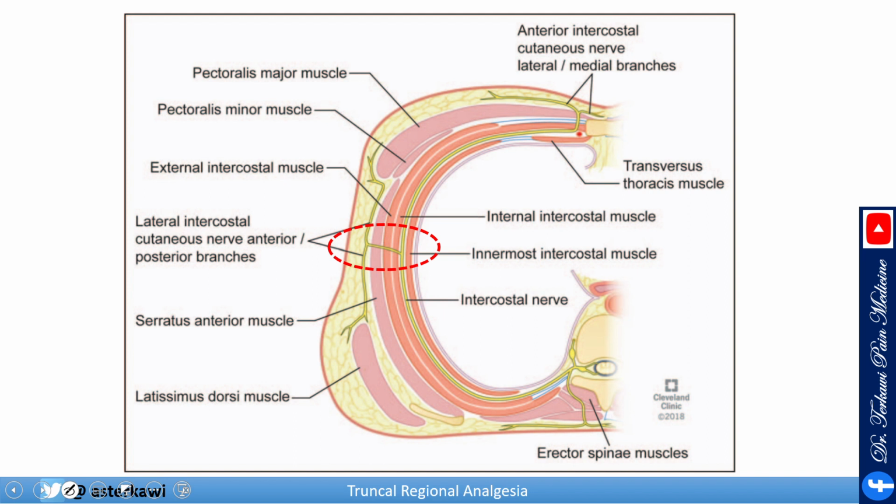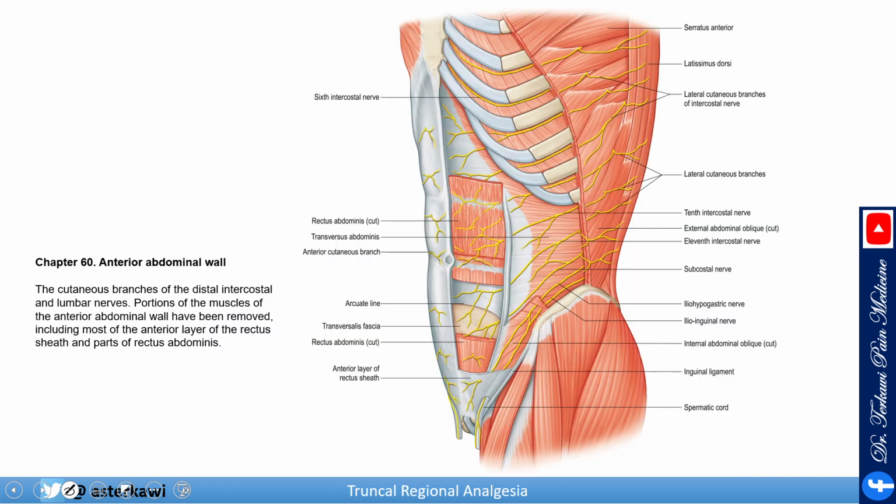But it's important to understand that difference in the interfascial plane and how this will be implicated on different blocks.